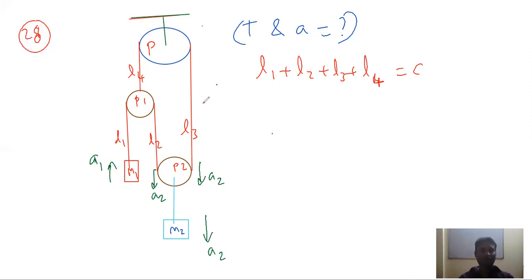So for string constraint, this pulley P1 is a movable pulley. So this pulley P1, let us say, is moving with acceleration AP1 in the downward direction. And this pulley P2, let us say it is moving with acceleration AP2. Because this is the acceleration of the pulley, we can use the symbol AP2 as well.